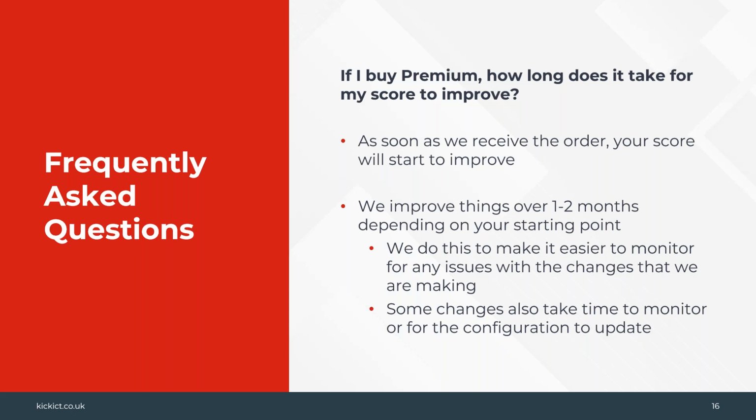The other thing is that some changes just take time to fix. For example, if we enable multi-factor authentication for you, it does get turned on overnight, but we need to wait until the users have logged in. People who are out of the office, working shifts or on holidays can take time for that to build up and automatically start to improve the score up to top level.